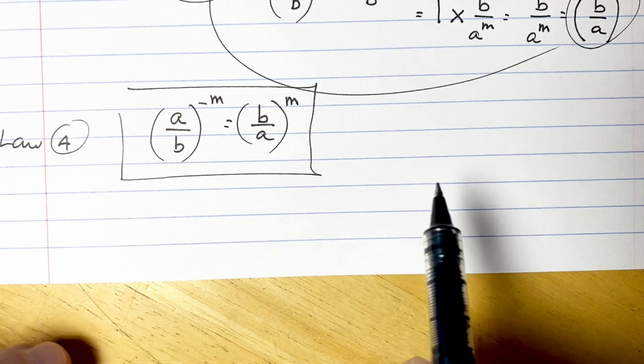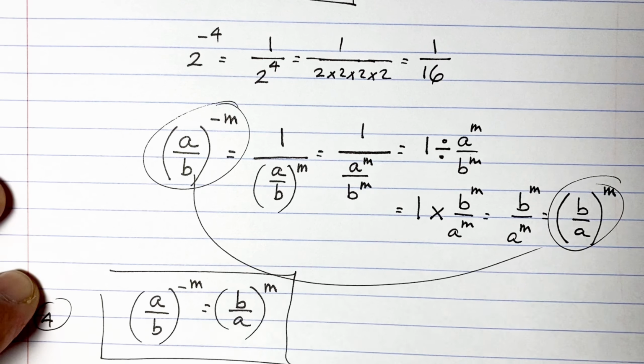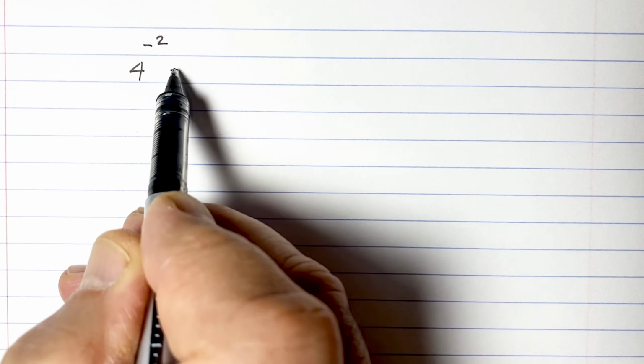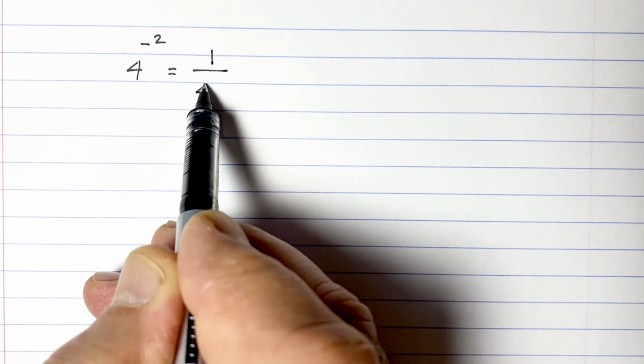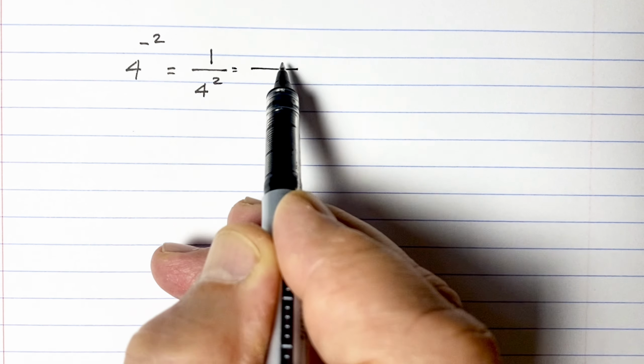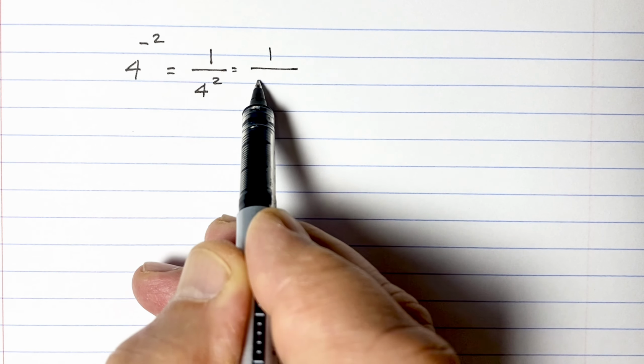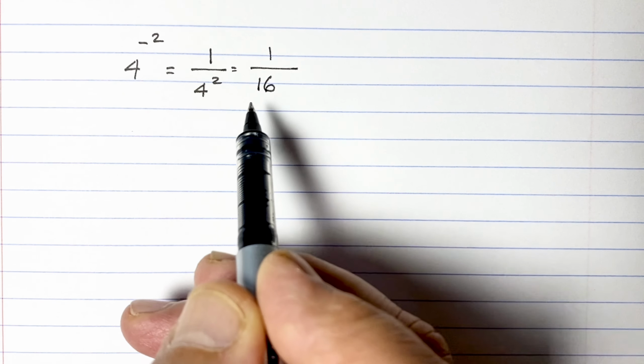So let me give you more examples on law number 4. So 4 to the power of minus 2. To calculate, 1 over 4 to the power of 2. 1 over 4 squared means 4 times 4, 16.